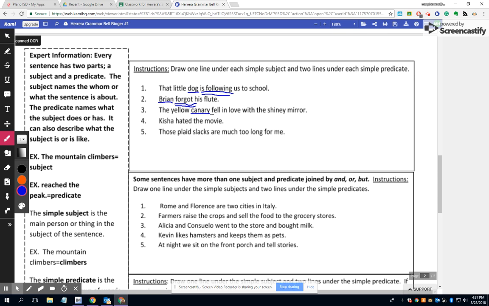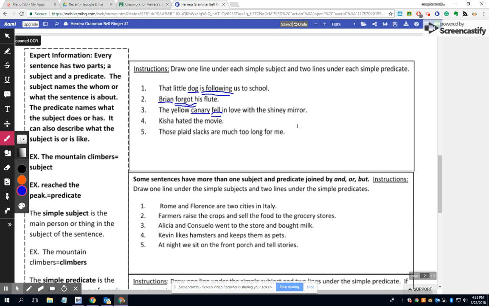The canary is in the process of falling in love. Okay? Not in. Oh, that makes it look like I'm doing in. Oh, okay. Sorry. Okay. So, canary is the simple subject, fell is the simple predicate.